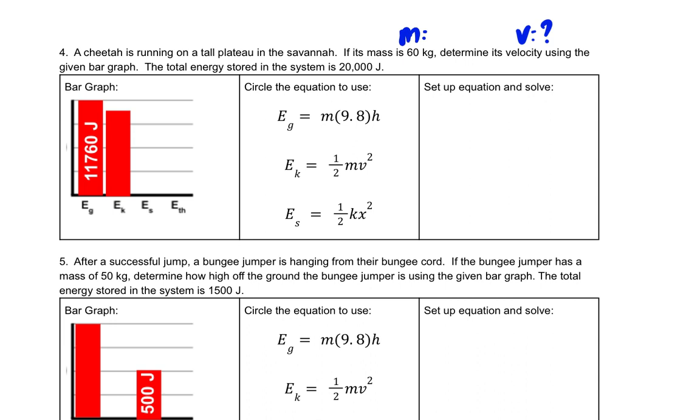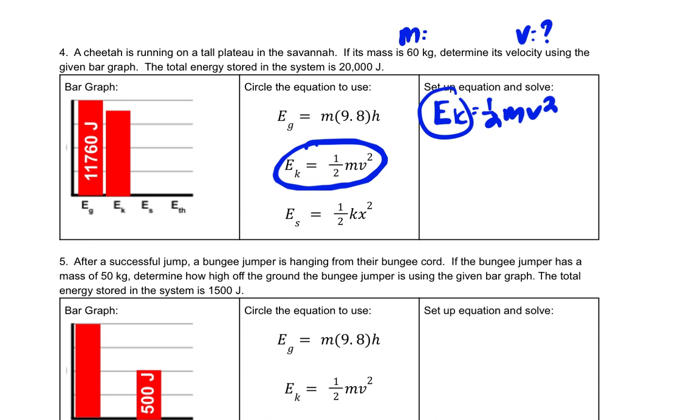So a couple of clues already. We want to find the velocity, so it would be a good indicator that we need to use the equation with the v in it. Okay, so that's for sure something we're going to have to do. Now the problem here is the EK, we don't know what this is.